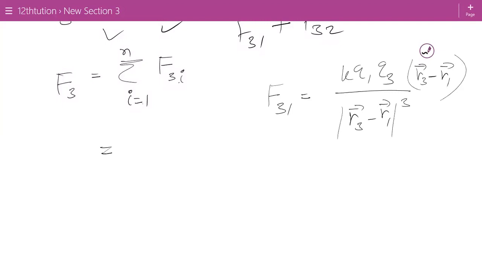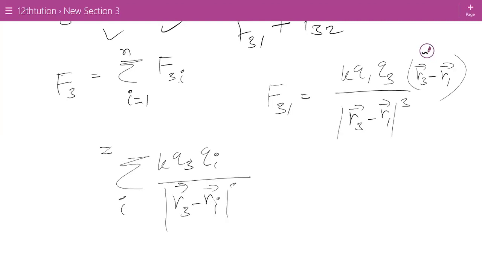So you can write it like this also. Because the 3 is not changing, other indices are changing. So you can say k Q3 Qi divided by the magnitude of r3 minus ri, times the vector r3 minus ri.